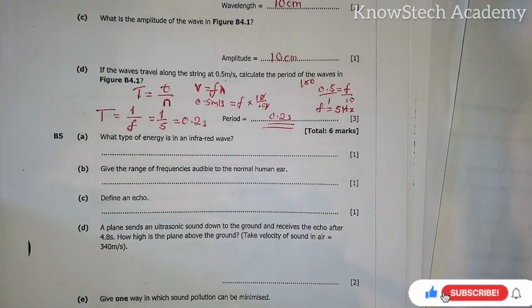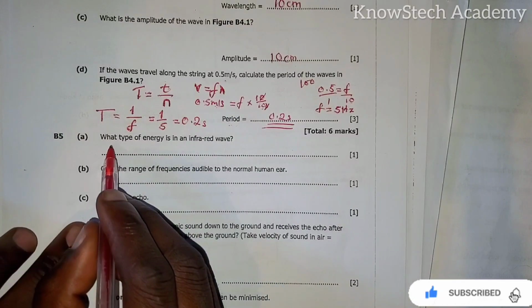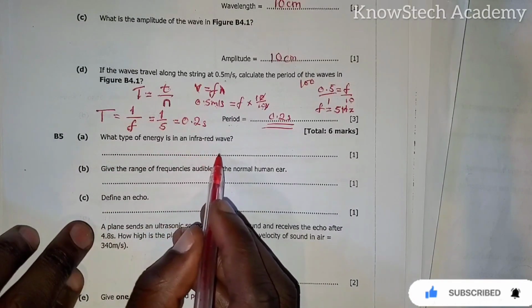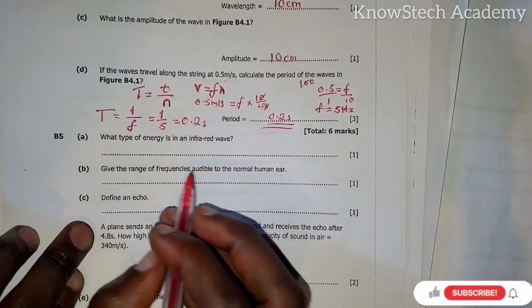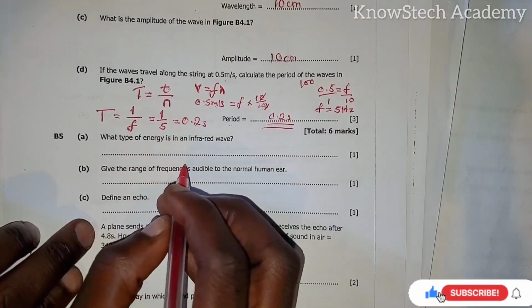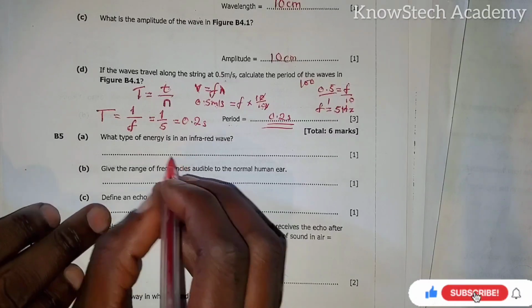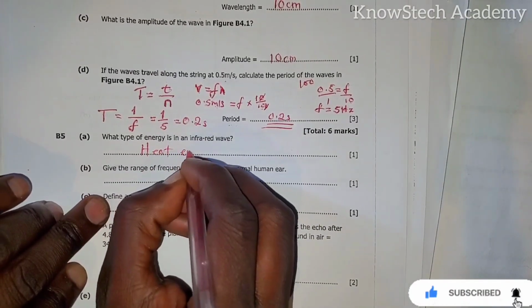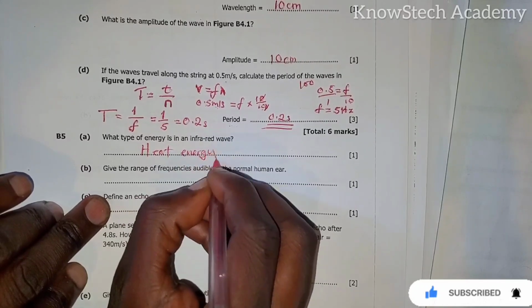So question B5, the first question is saying, what type of energy is in an infrared wave? The type of energy in the infrared wave is called heat energy.